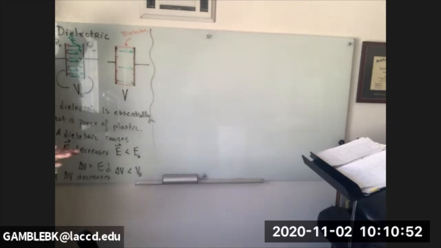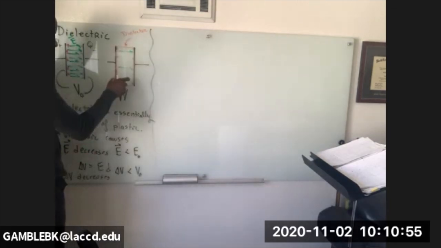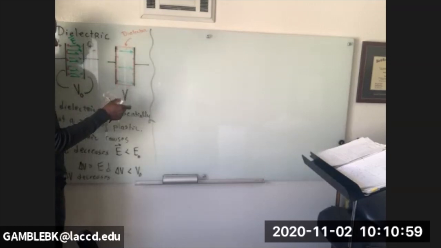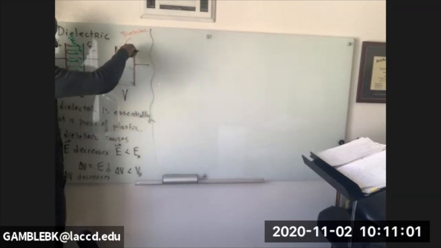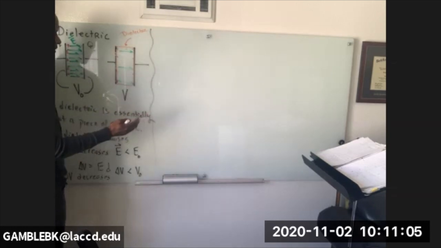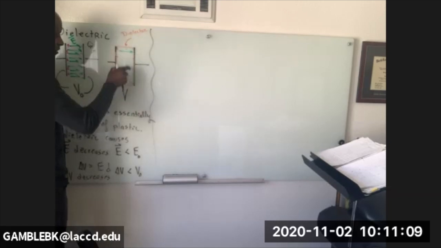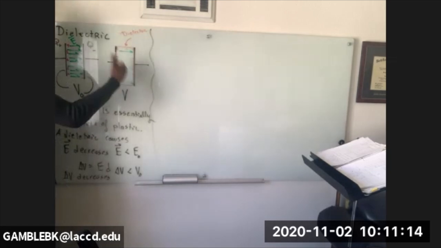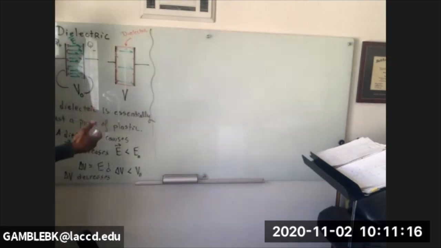Now I know what you might be thinking. When I place this dielectric in, it's kind of snug, but it's not so snug that it affects the charge on the plates. There's no mechanical problem, I can just slip it through. The physical act of putting it in doesn't necessarily affect anything.